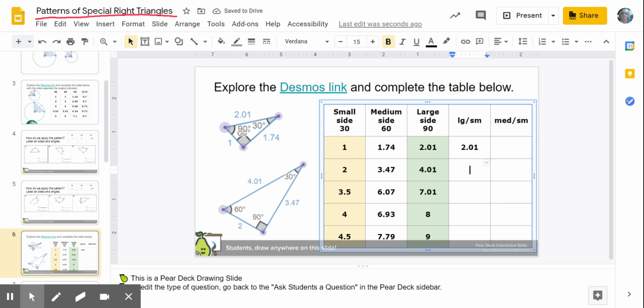What's 4.01 divided by 2? What do I put in this box? What's the large side divided by the small side? So 4.01 divided by 2. 2.005. And then what's 7.01 divided by 3.5?